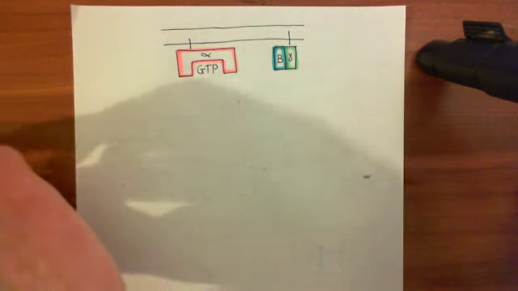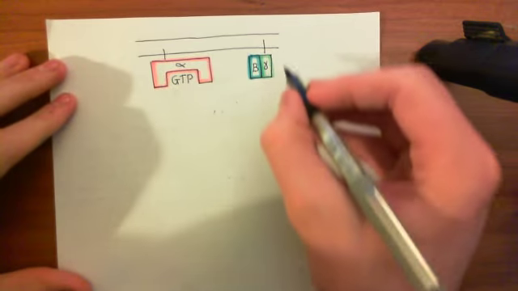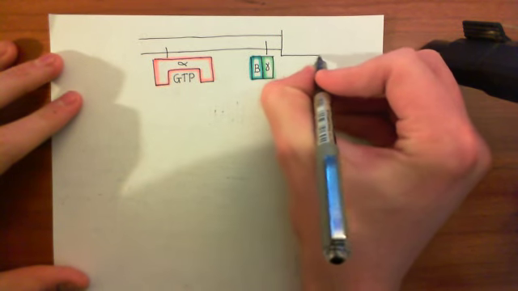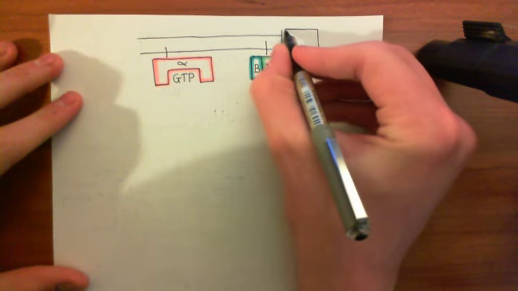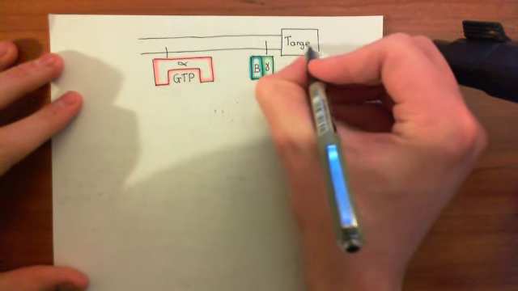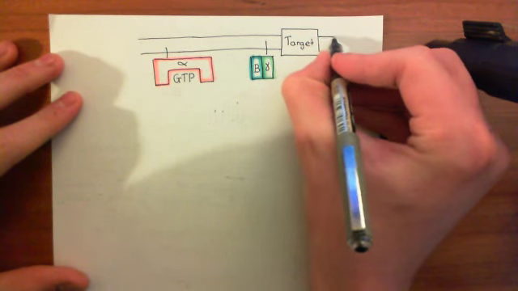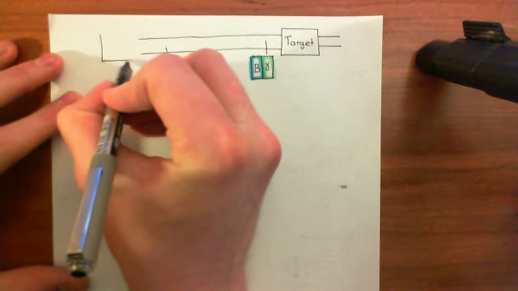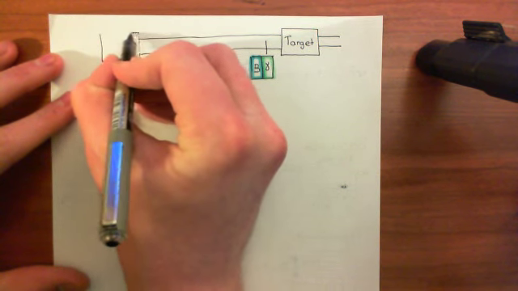Both of them will have targets that will generally also be in, or at least attached to, the plasma membrane. So let's draw a target for the beta-gamma complex here. And then we'll have some target for the alpha subunit, which has GTP bound as well.